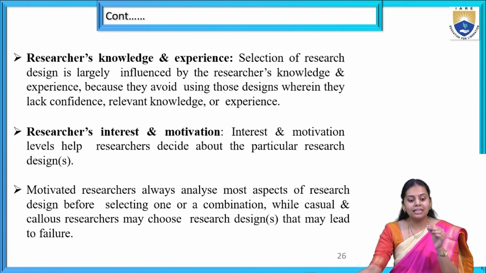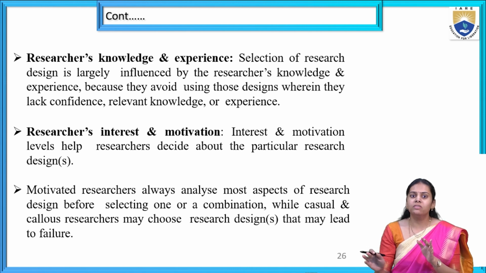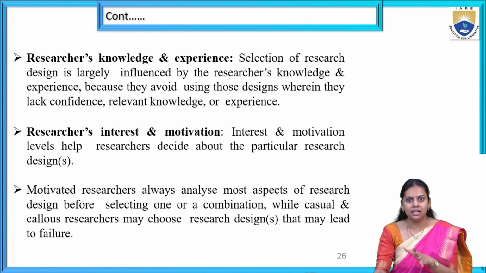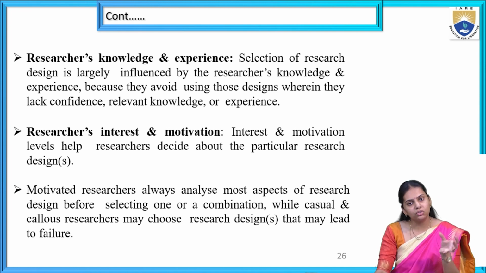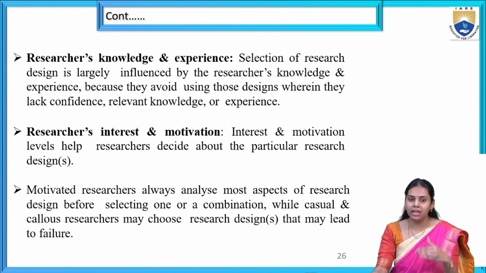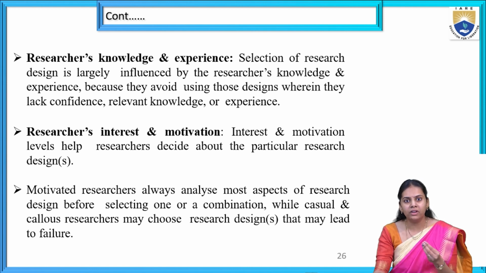And researchers' interest and motivation. Interest and motivation levels help researchers decide about the particular research design, because based on motivation and interest, the researcher chooses the research design very easily based on their requirement, and this helps the researcher reach the goal.